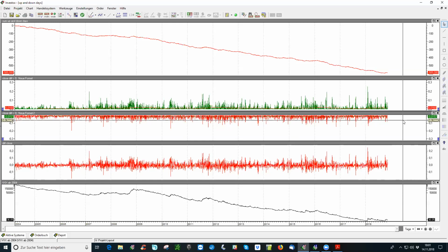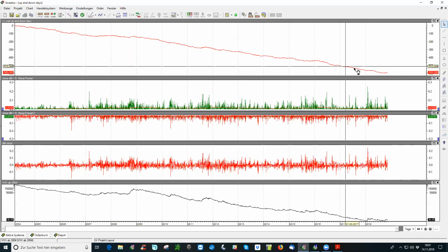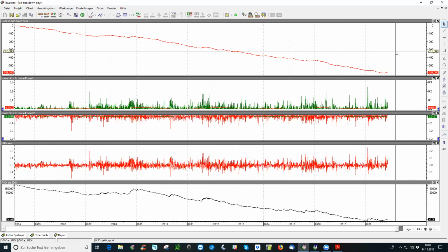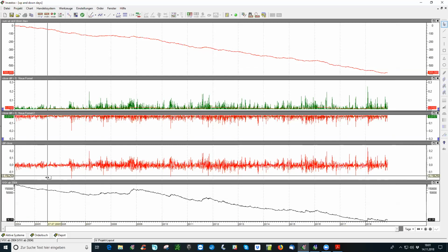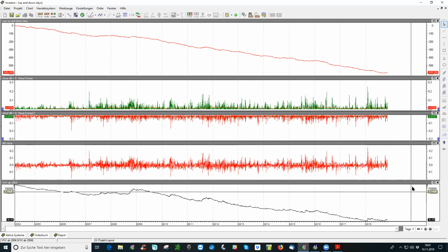But you have many more down days, which is 583 at the moment, more down days than up days. So this causes the drift to the downside. I think that's explanation enough why I trust my system that there will be a downdrift all the time.